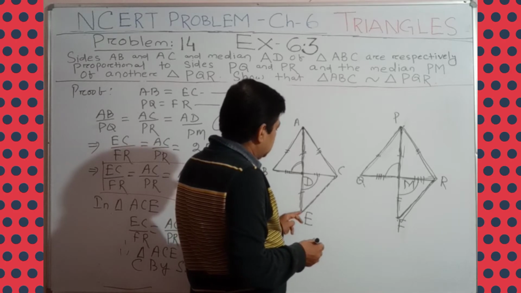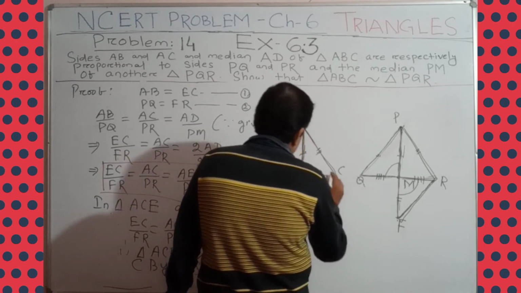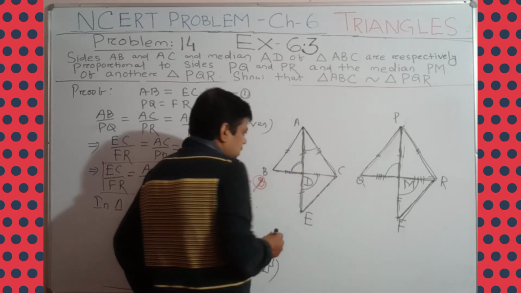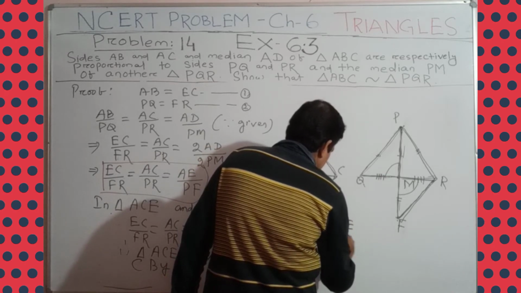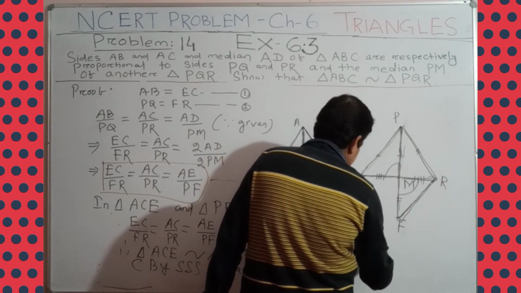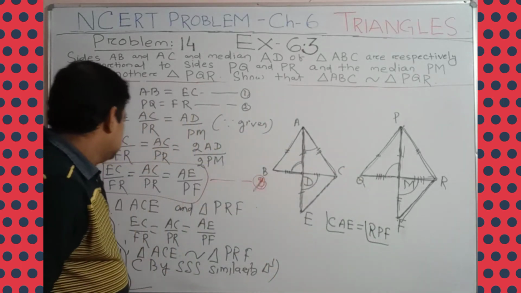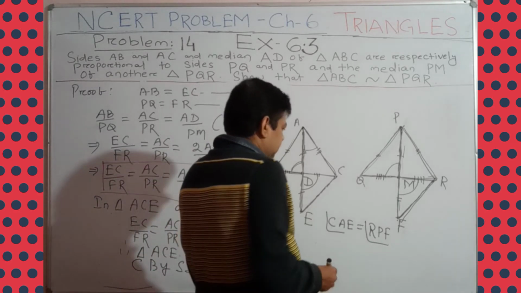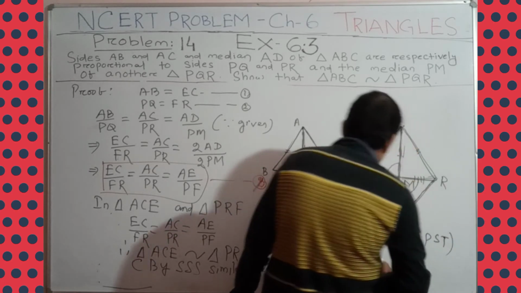In triangle ACE, the CAE angle, this angle you see. CAE angle must be equal to which angle? RPF angle, by CPST. CAE and RPF are the corresponding angles of the two similar triangles, in accordance with CPST, corresponding parts of similar triangles.